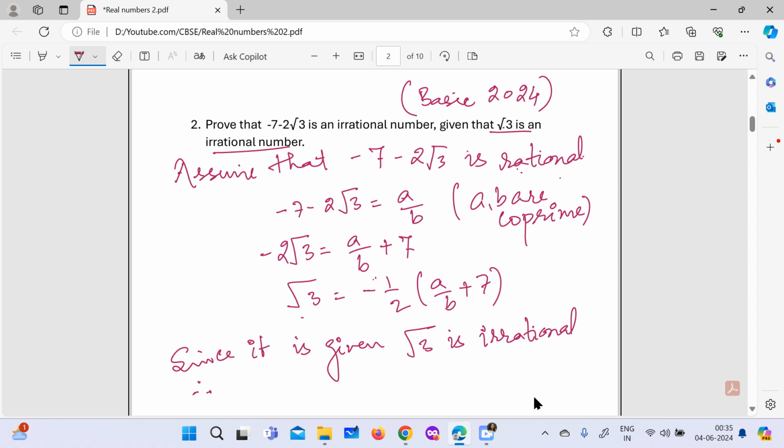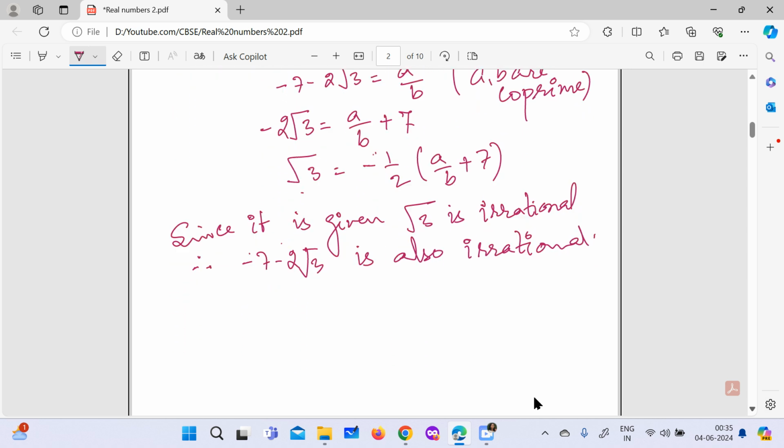Therefore, we can say -7 minus 2 root 3 is also irrational. Easy. So any question of this kind comes, you can solve it in this way. These are the easier ones.